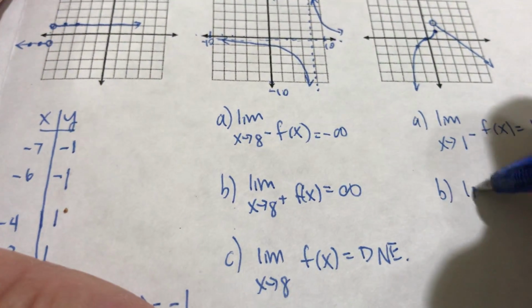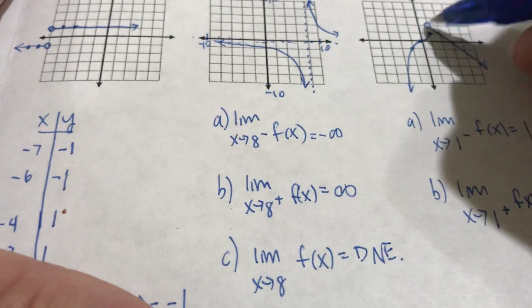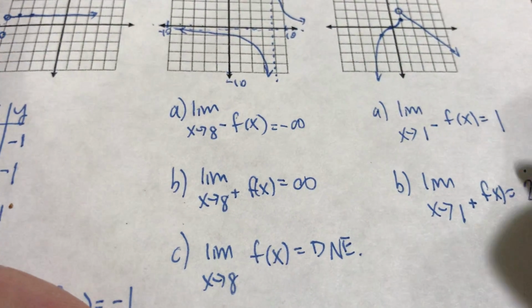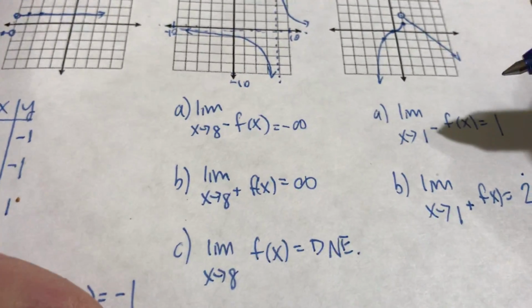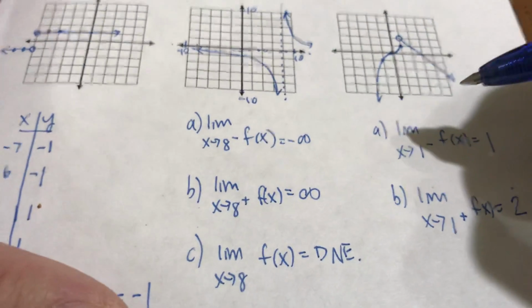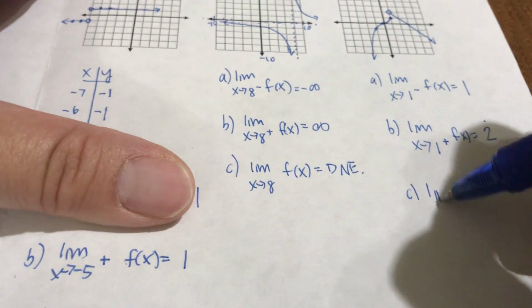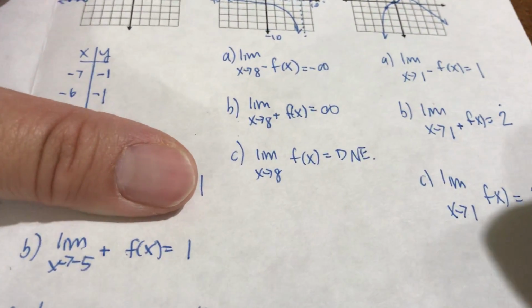Part B, limit as x approaches 1 from the positive side is going to be this open circle here of 2. Again, same result as previous two problems. Because the limits do not match up, the limit at this point actually does not exist. So for part C, limit as x approaches 1 of f of x does not exist.